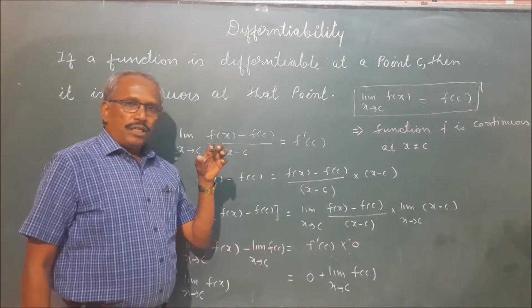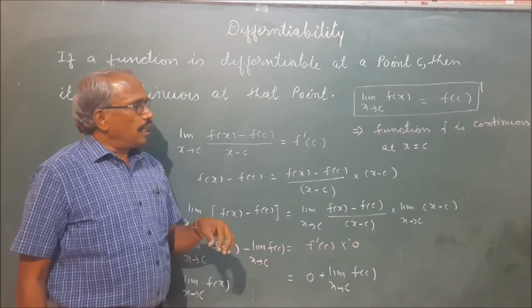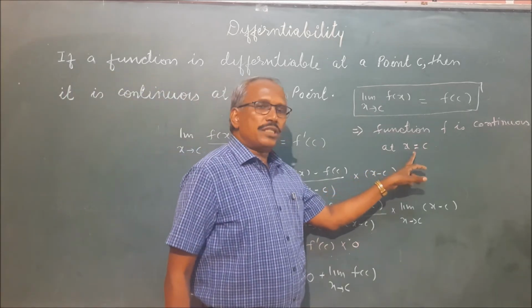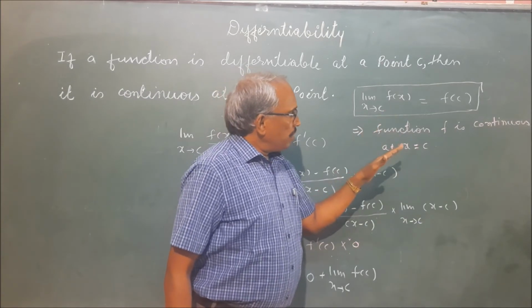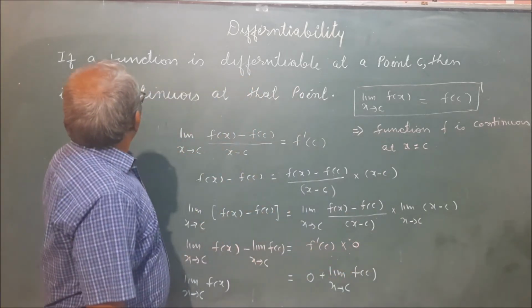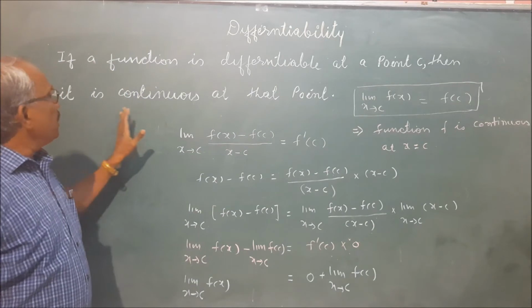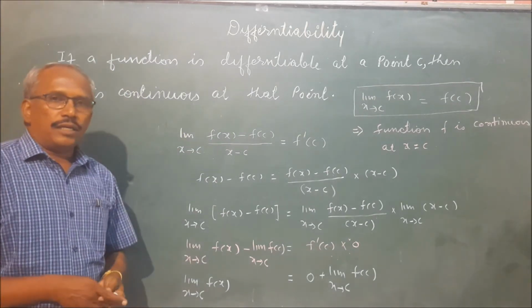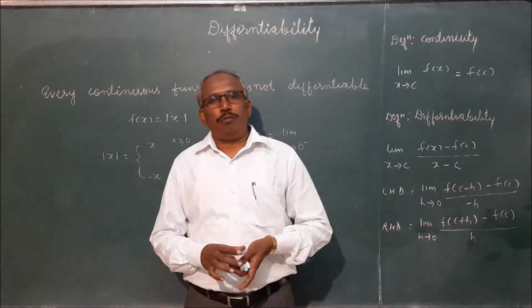That means if a function is differentiable at point c, then it is continuous at the same point. So hence we can say that if a function is differentiable at a point c, then it is also continuous at that point.